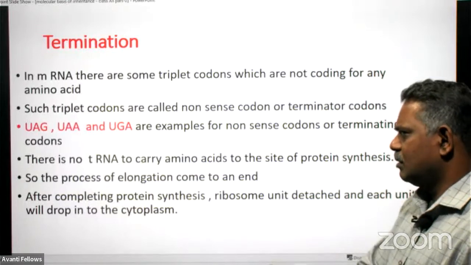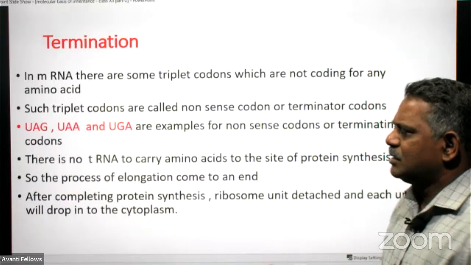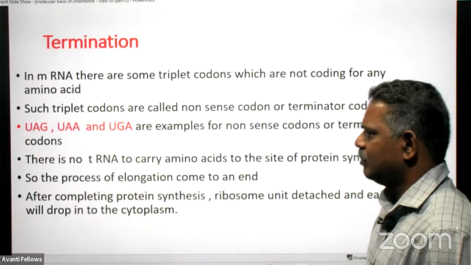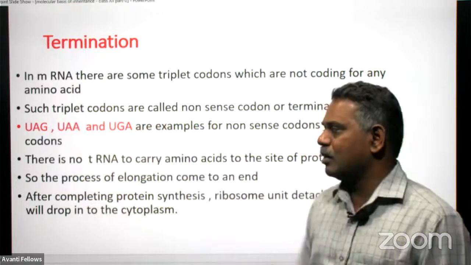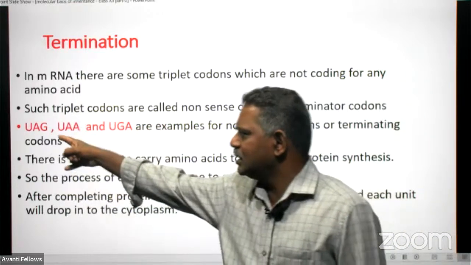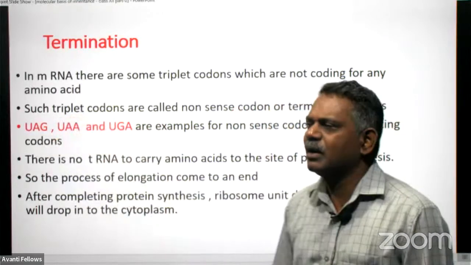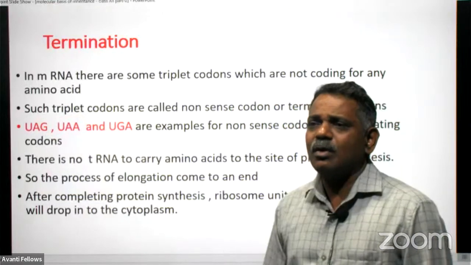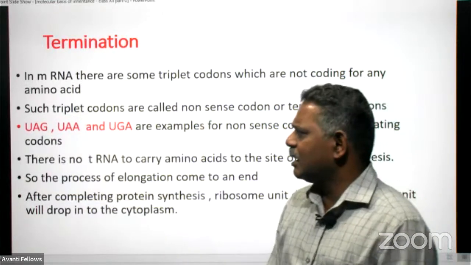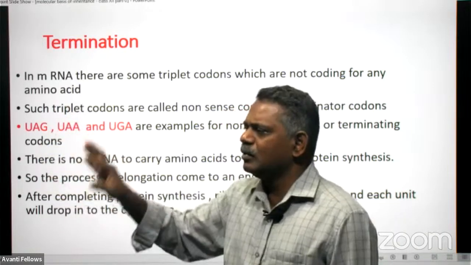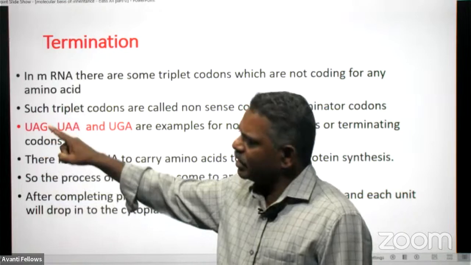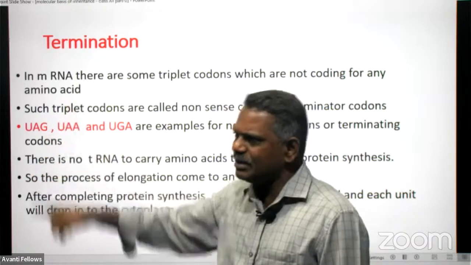the process of translation will come to an end, because there is no tRNA having that triplet anticodon. See, UAG is the triplet codon given in the mRNA, but there is no tRNA having the complementary anticodon AUC.